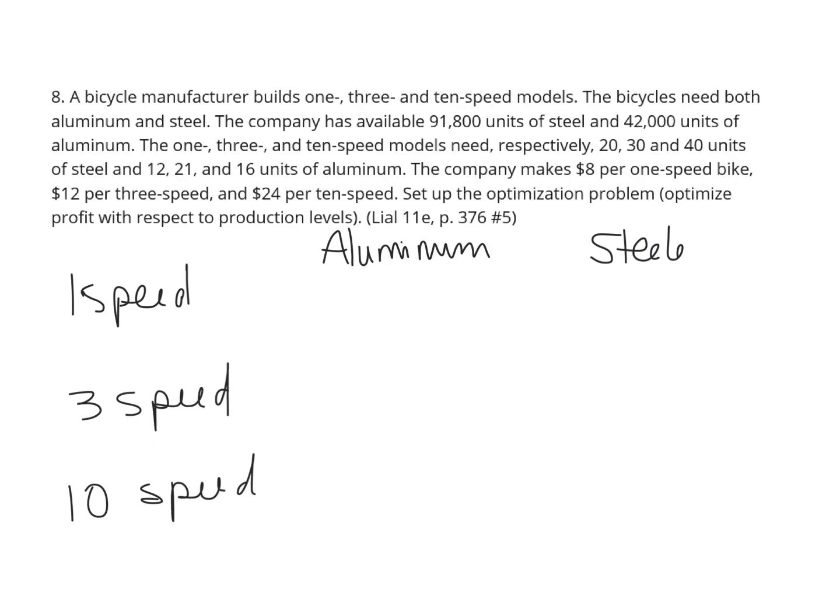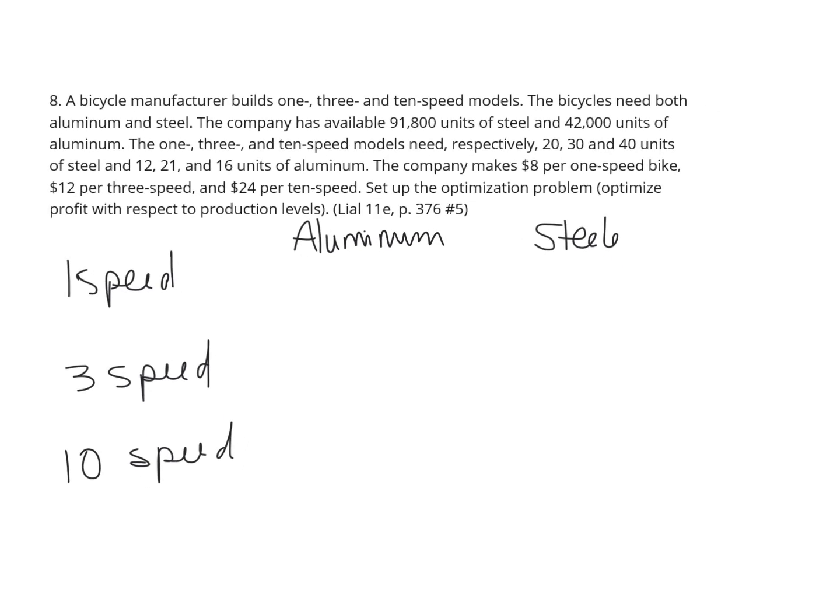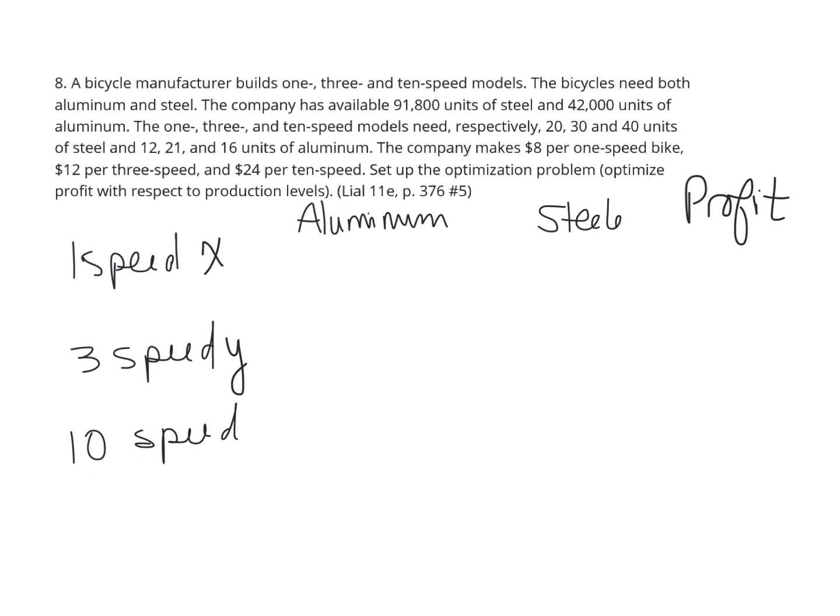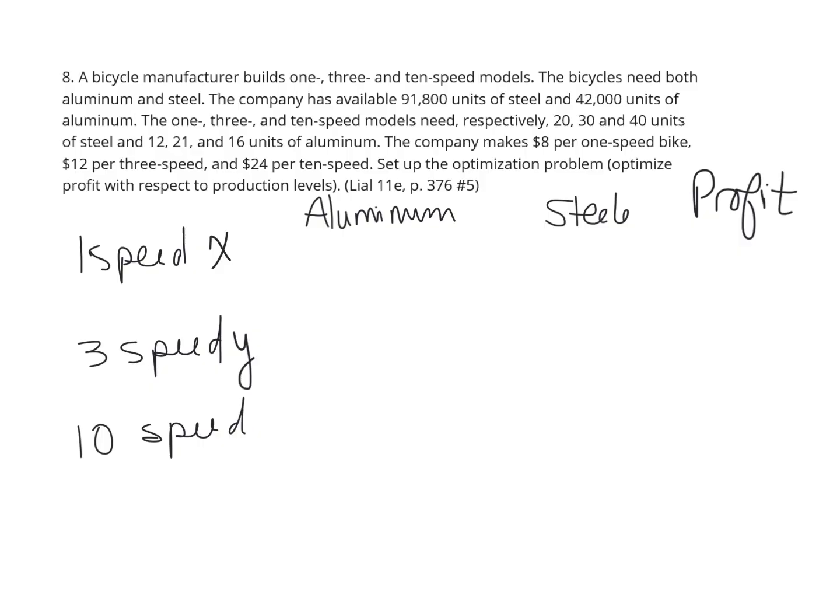And of course, we also have profit, which is what we're trying to maximize or optimize. So again, we're going to address the variables, so x, y, and because we have 3 variables this time, we can't use z because the z function is our optimization function. So we'll use a w here for a 10-speed bike, okay?